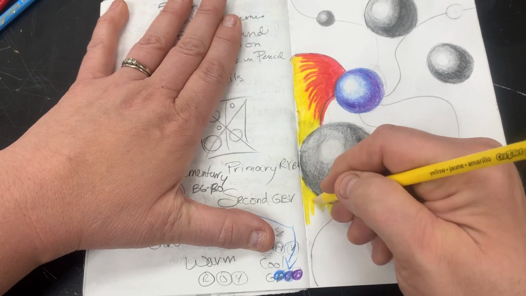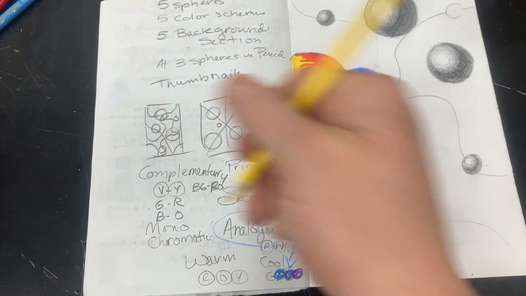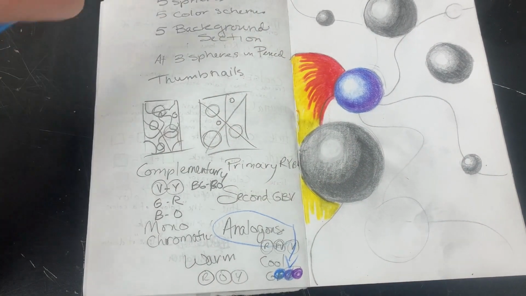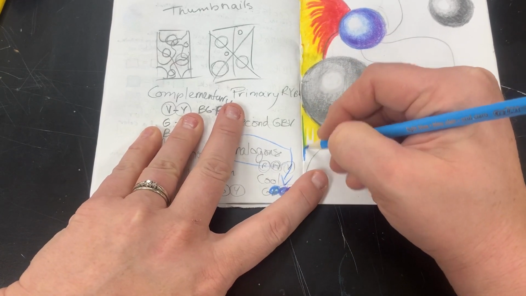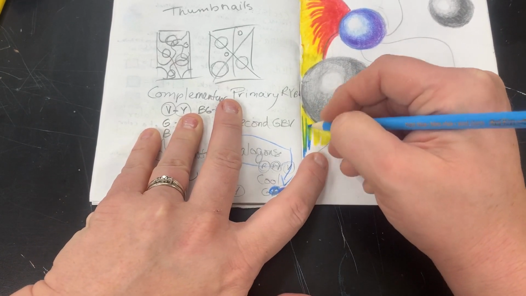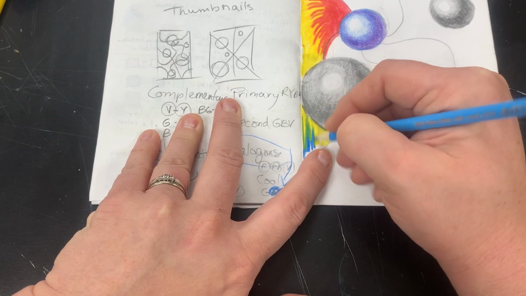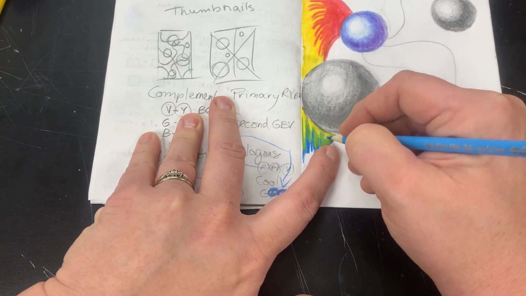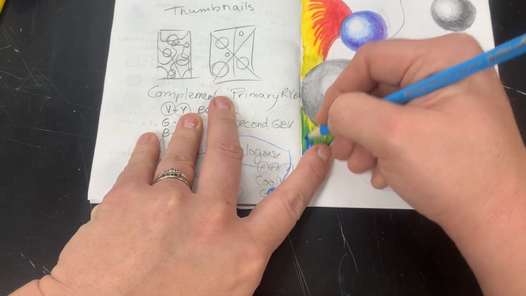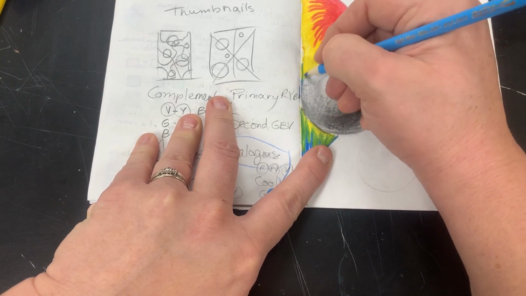So I'm gonna bring that down. Then I'm gonna bring my blue in and overlap that so it'll have like green where they overlap. Yeah, I'll bring it up here.